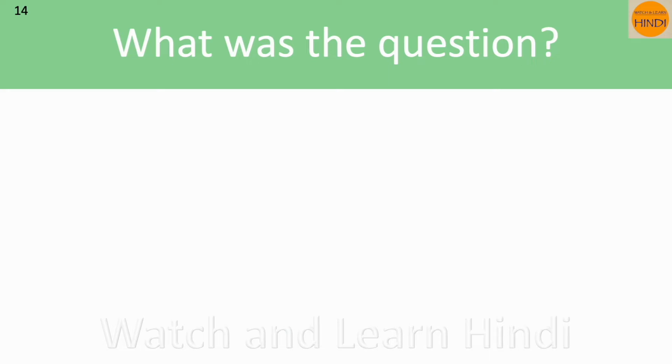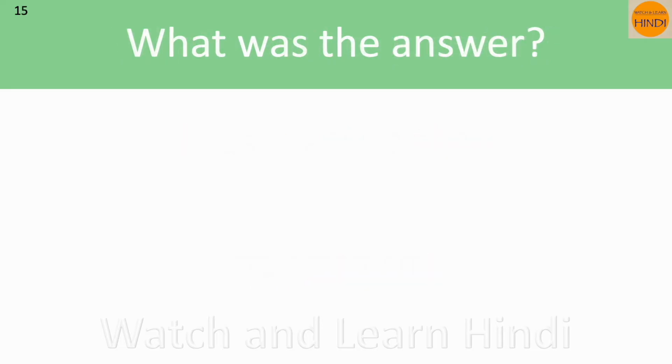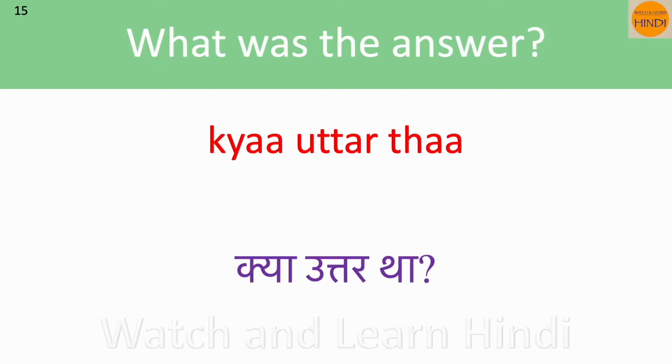What was the question? क्या प्रश्न था? क्या is what and प्रश्न is question. क्या प्रश्न था? What was the question? What was the answer? क्या उत्तर था? क्या is what, उत्तर is answer. क्या उत्तर था?